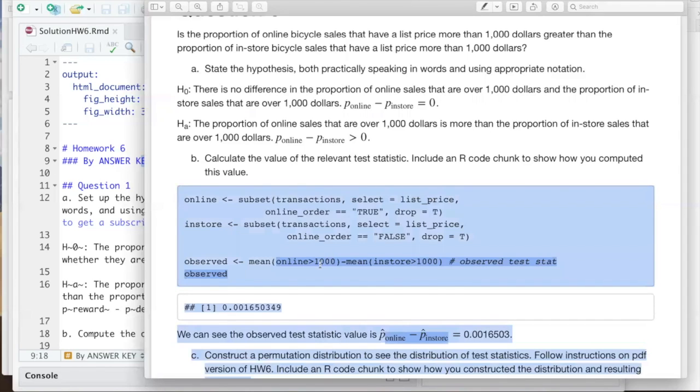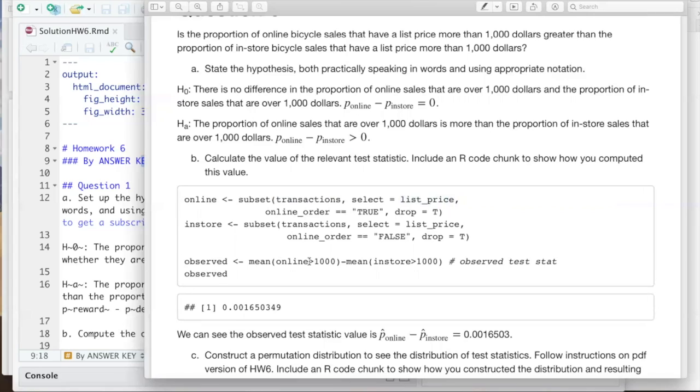So online greater than 1,000 is saying count up all of the online list prices that were strictly greater than 1,000. So it's going to convert all of these online list prices that are in dollar amounts to either a 0 or a 1. It's going to convert the list price to a 1 if it was more than 1,000. It's going to convert it to a 0 if it was less than or equal to 1,000.